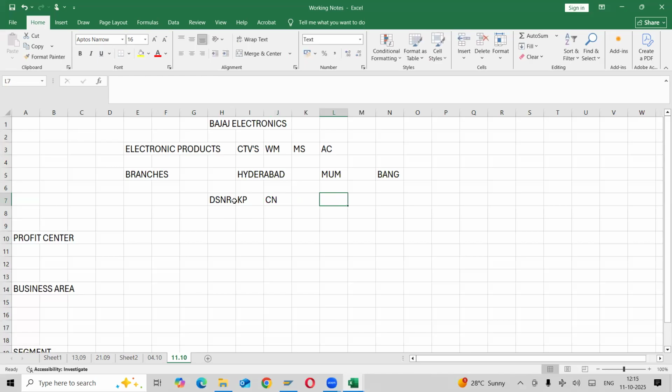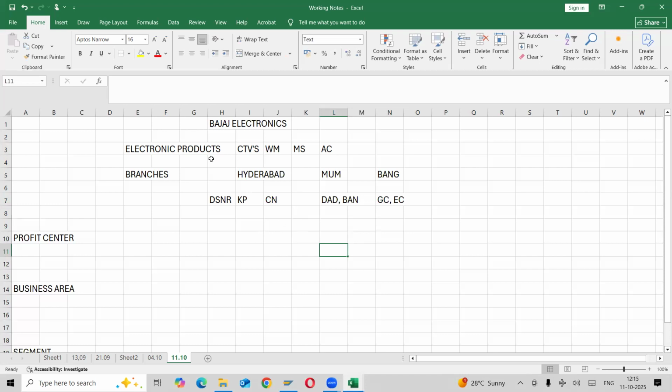In Mumbai, we have Dadar and Bandra. In Bangalore, we have Garden City and Electronic City. So like this, we have different places. Now, this is my structure.